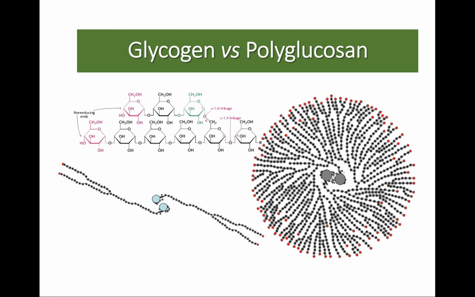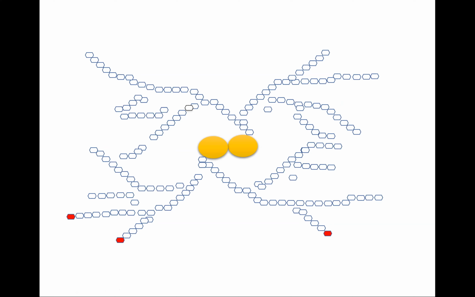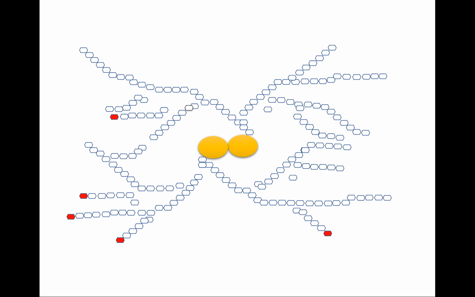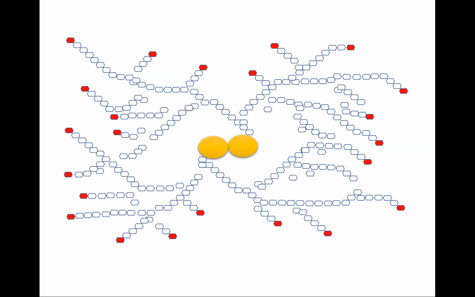So this animation shows how glycogen is synthesized. As you can see, the glycogen synthase makes the longer branches, and the branching enzyme makes the branches. In this way, you have a long, very highly branched molecule. I forgot to mention the start of the glycogen molecule.